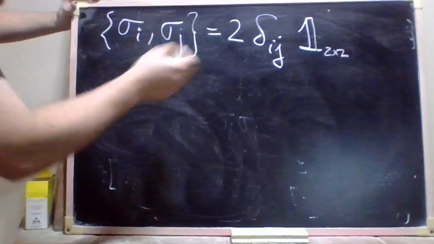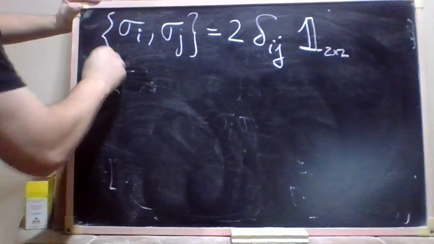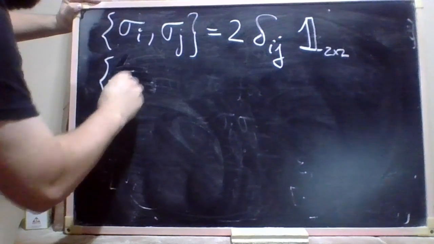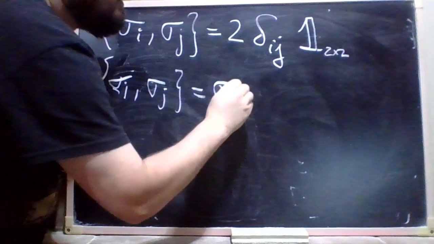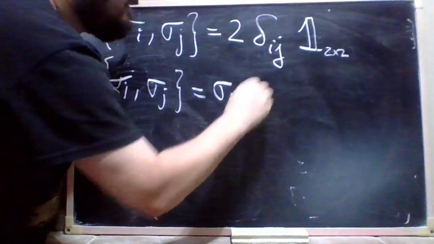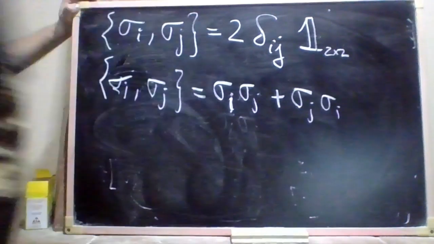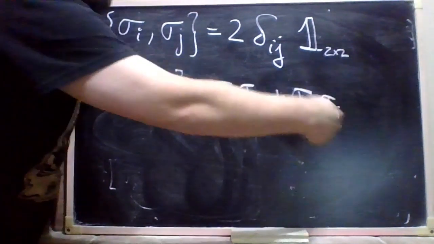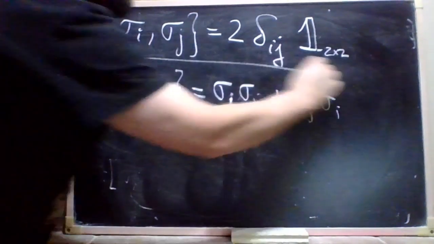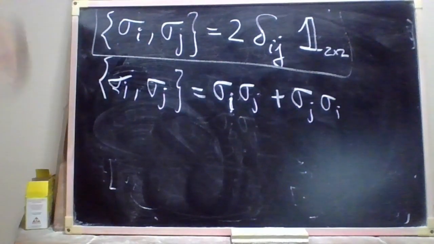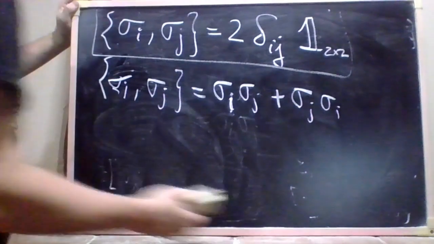And for instance, if you pick, this anti-commutator corresponds to sigma of i, sigma of j, plus the product in the reverse order. So you must show this thing here, right? It's not too difficult to perform the calculations, right?